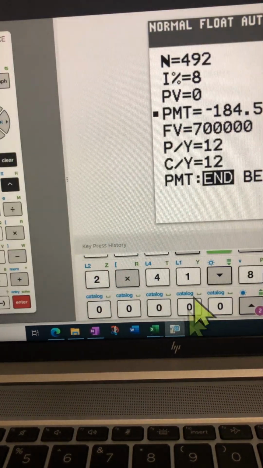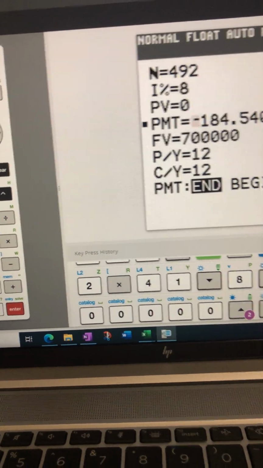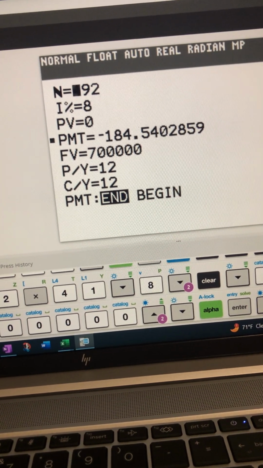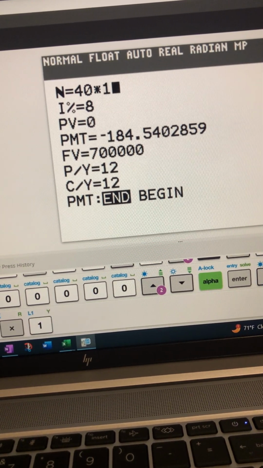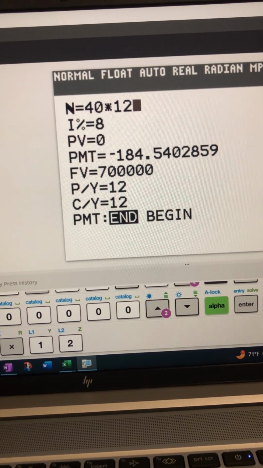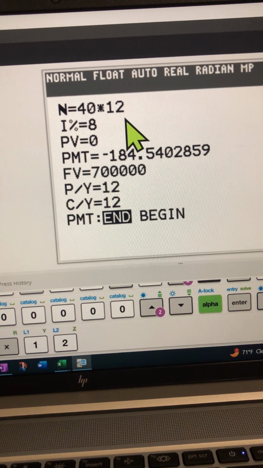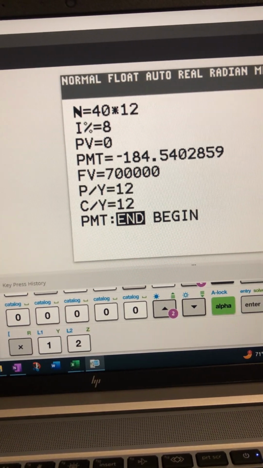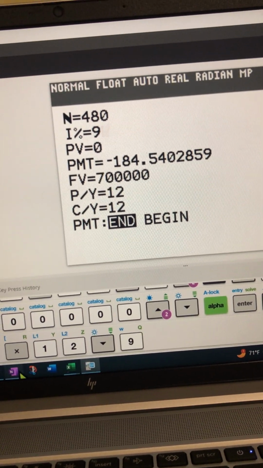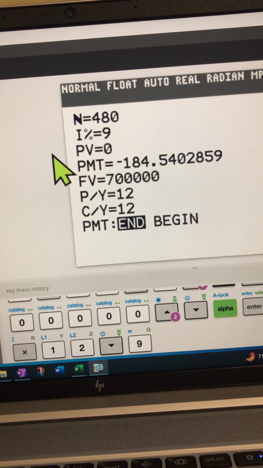In the TI-84 calculator, here we have 40 times 12 because the annuity must have 40 times 12, that many monthly payments. Annual interest rate is 9%, so let me double check. 9%, so we put 9 here.